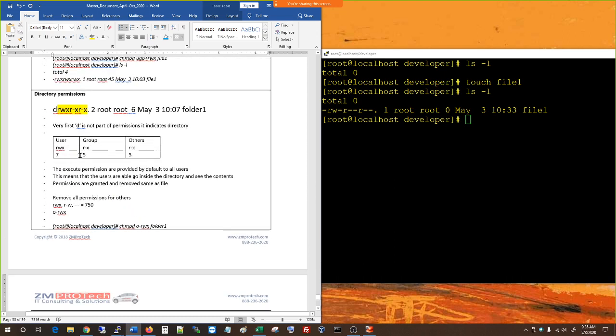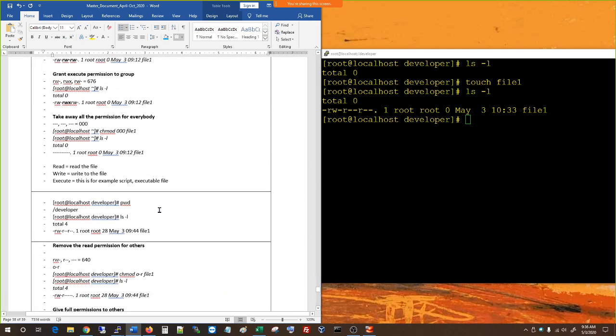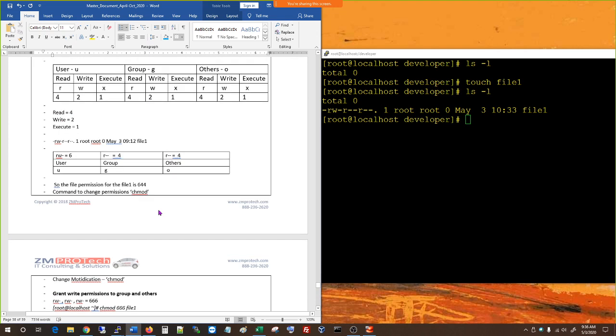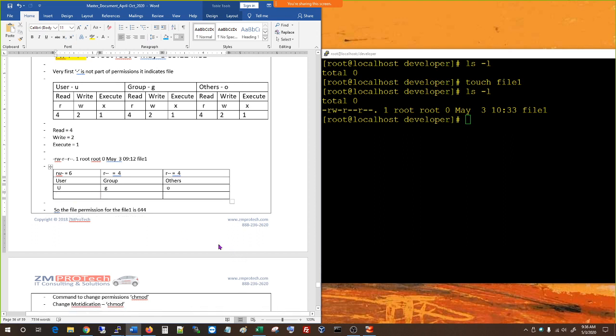So what is the default permission we got here? For the file, we got 6, 4, 4.